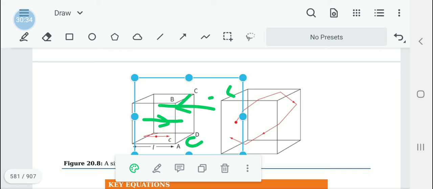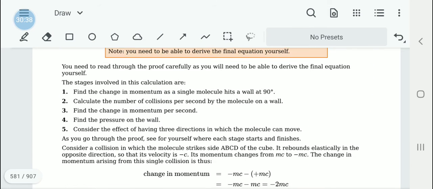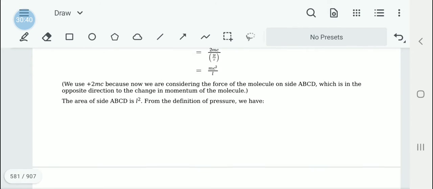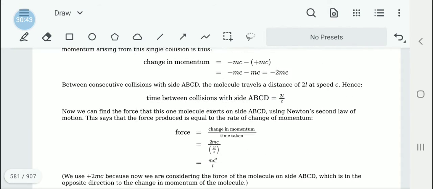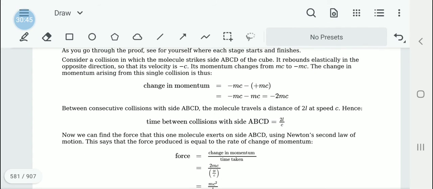Because of that, the change in momentum is going to be the final momentum, minus mc, minus the initial momentum, plus mc. Change in momentum equals minus mc minus plus mc. Minus mc minus mc gives you minus 2mc.